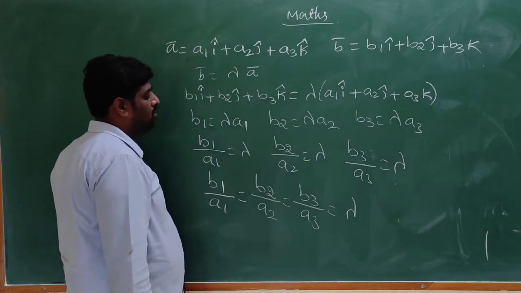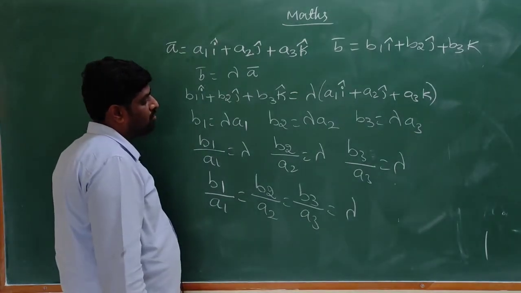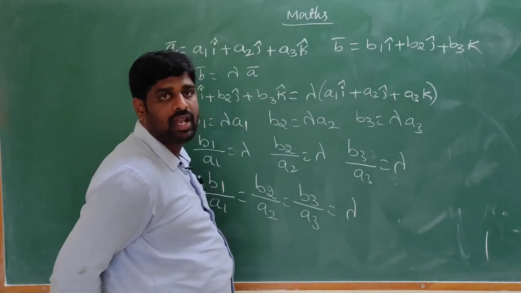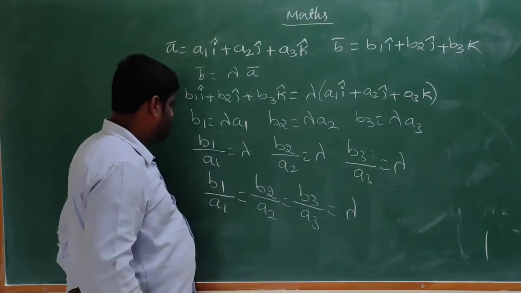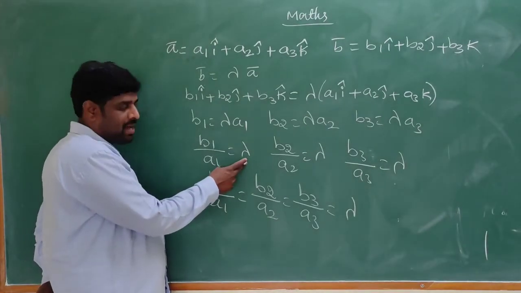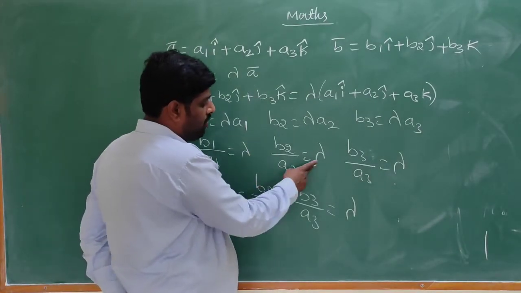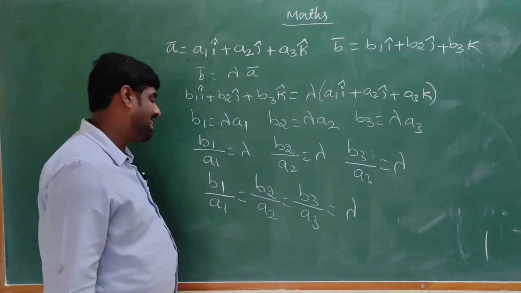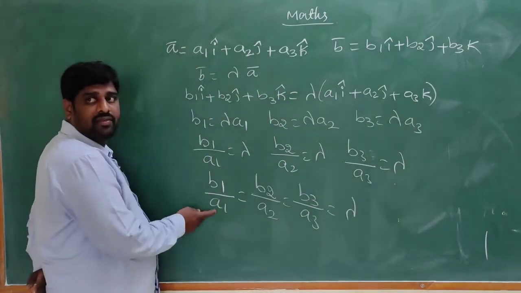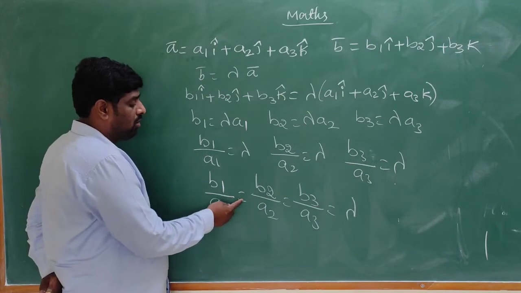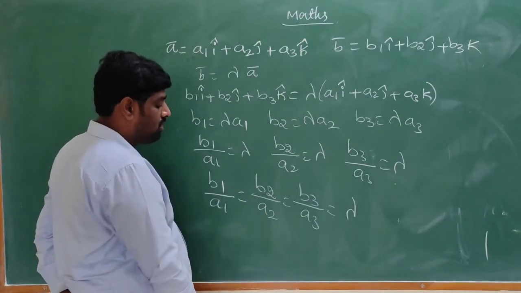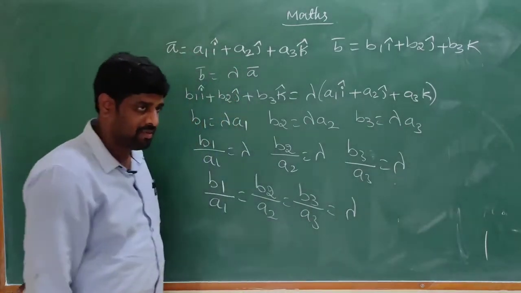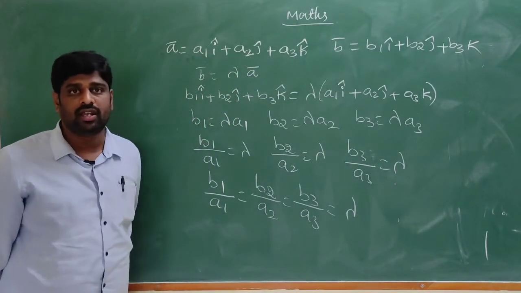So b1 is equal to lambda a1, b2 is equal to lambda a2, b3 is equal to lambda a3. So b1 divided by a1 is equal to b2 divided by a2 is equal to b3 divided by a3 is equal to lambda. This is the collinear condition.